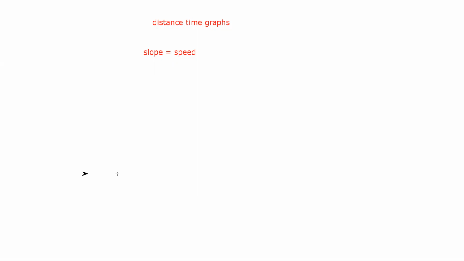So if you have distance and time, and it is a horizontal line, can you identify what is the slope of this line? What is the slope of a horizontal line?